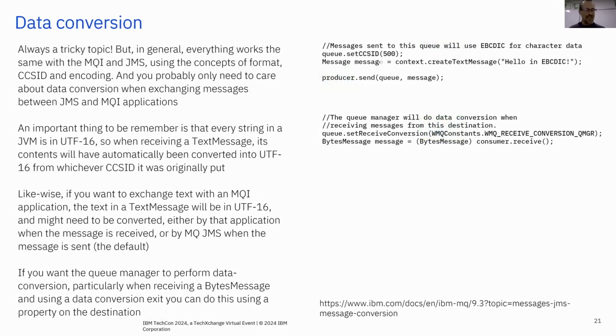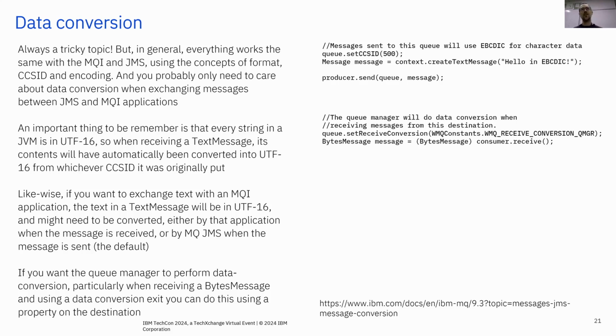So I should touch on data conversion. This is always an area that tends to make people go cross-eyed with MQ. But in general, with JMS, it works in the same way it does with MQI. Data conversion is built on the concepts of the MQMD format, the MQMD CCSID, and the MQMD encoding fields, and those apply just as well to JMS.